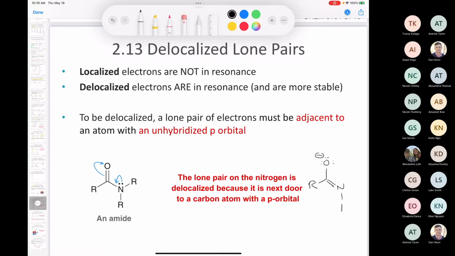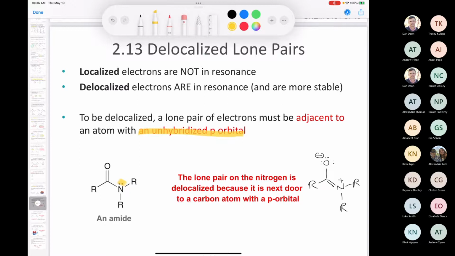Well, the reason we're able to do that is because this lone pair right here is adjacent to an atom that has an unhybridized p orbital. Where is that unhybridized p orbital? It's on the oxygen atom.